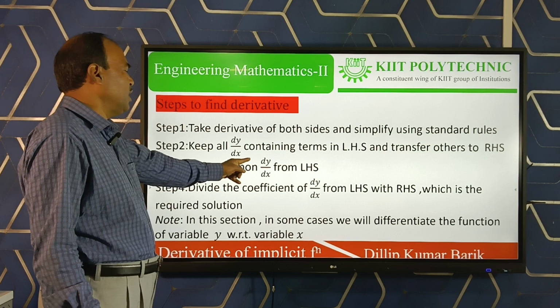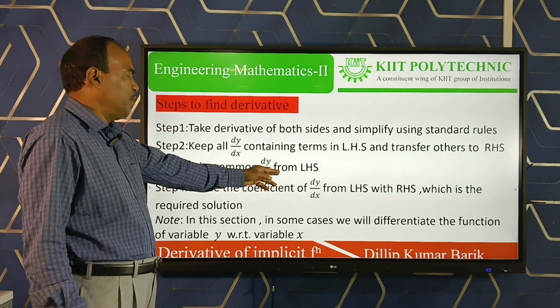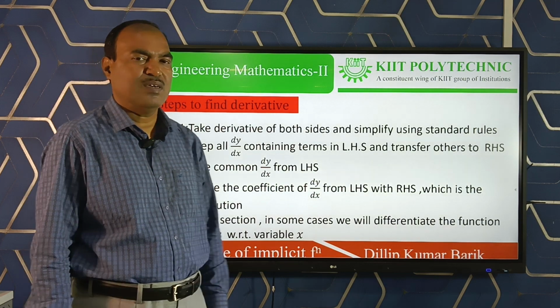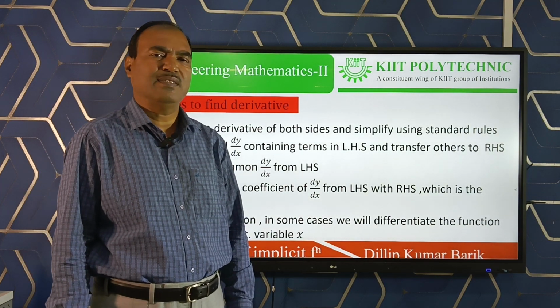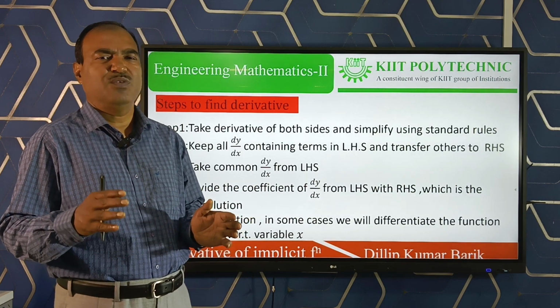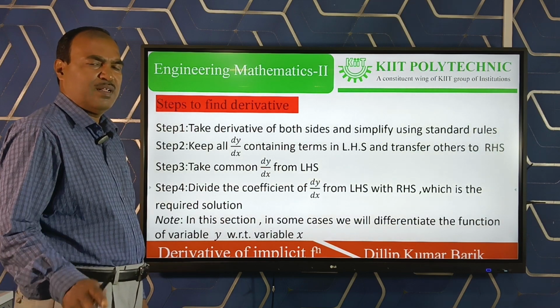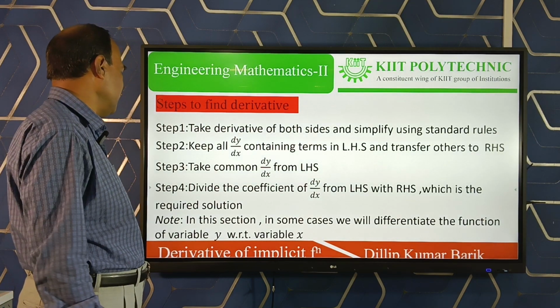Step 3: take dy by dx common from the LHS and divide by the coefficient of dy by dx. That means whatever is multiplied with dy by dx, divide the RHS by it, which is the required value of the derivative dy by dx.